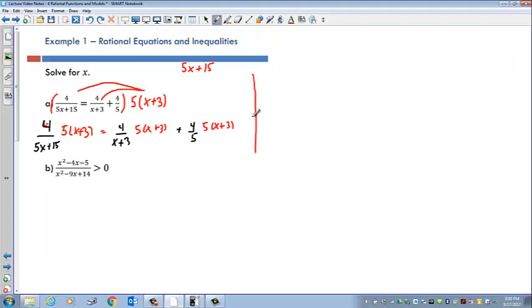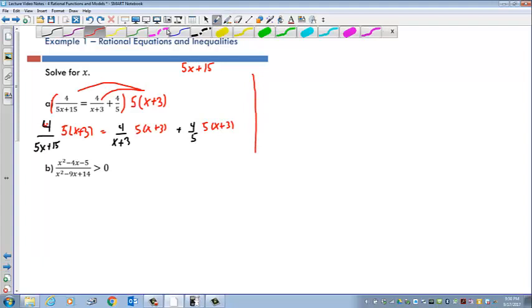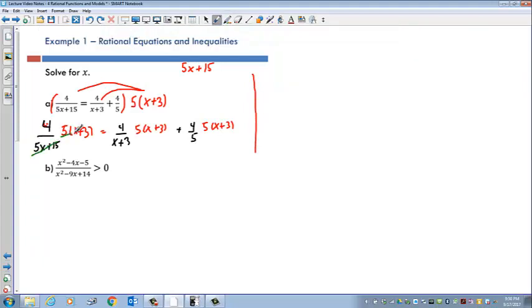What you want to notice here is what cancels. Over here, this entirely cancels, so that denominator is gone, and you just get a 4. Over here, just the x plus 3's will cancel, so you get 4 times 5, which is 20. And over here, just the 5's will cancel, and so you get 4 times x plus 3.